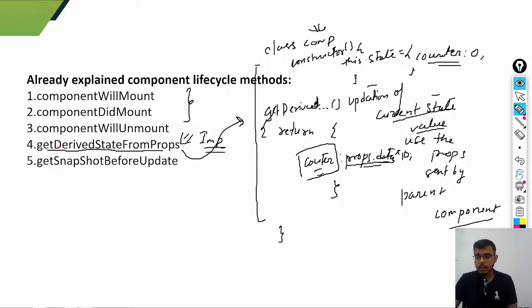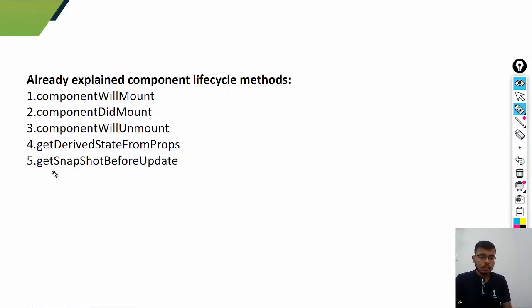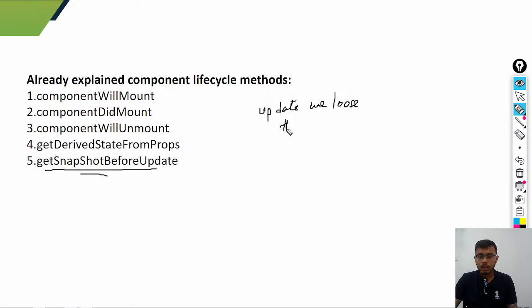Now let's understand the last one, that is getSnapshotBeforeUpdate. Whenever we do an updation, we lose the previous state or prop.